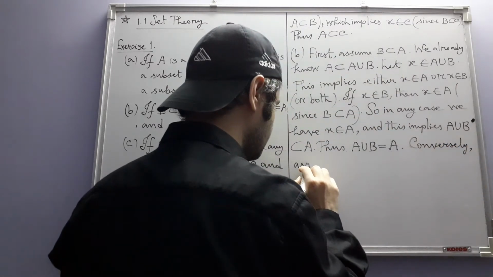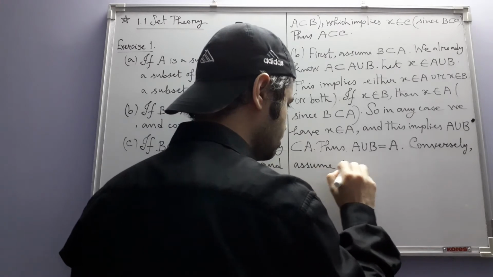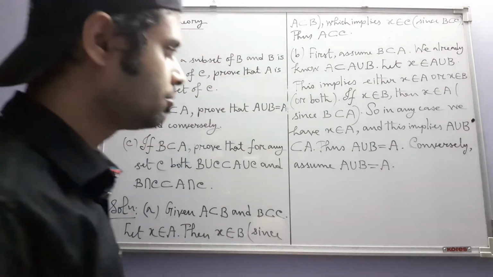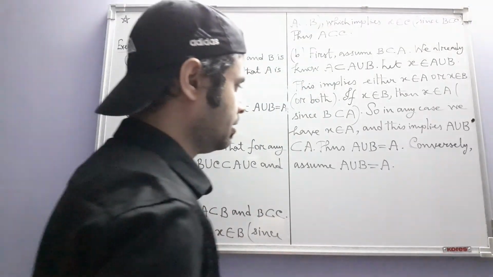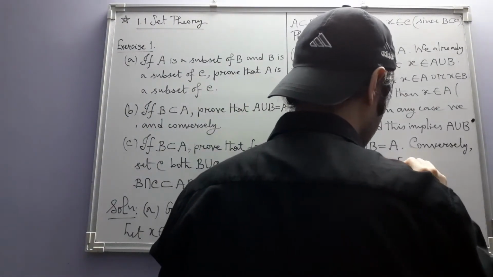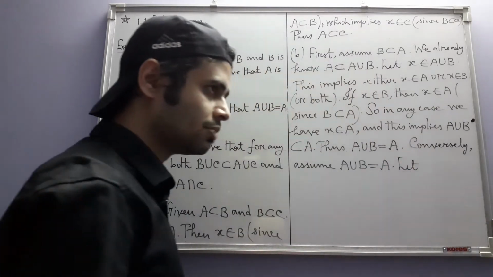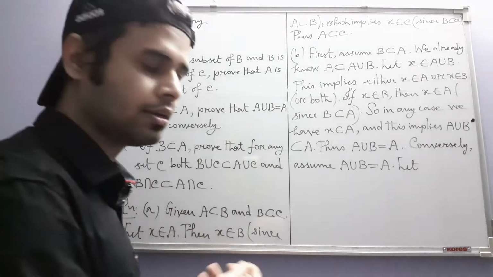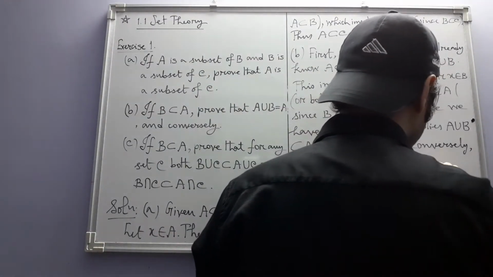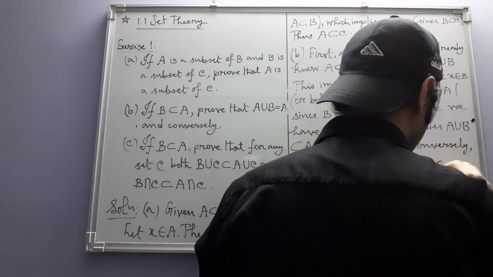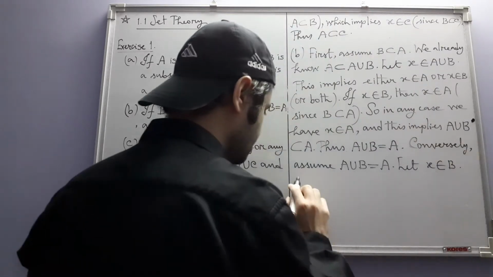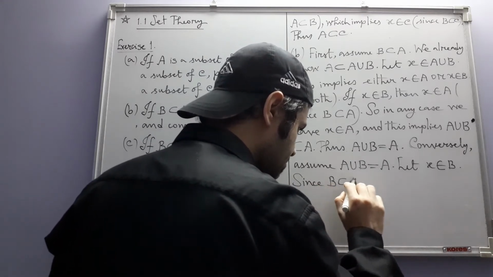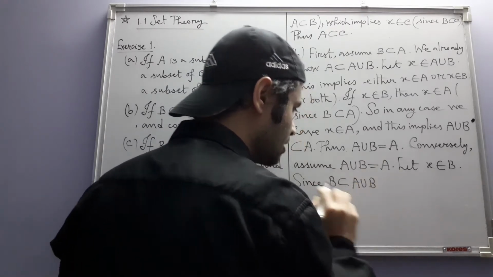Conversely, assume that A union B equals A. We now have to prove that B is a subset of A. There is only one way to prove that: you take any element in B and prove that that element is in A. So let x belong to B. Since B is a subset of A union B, this is what we already know.